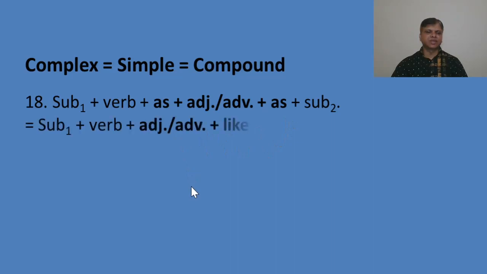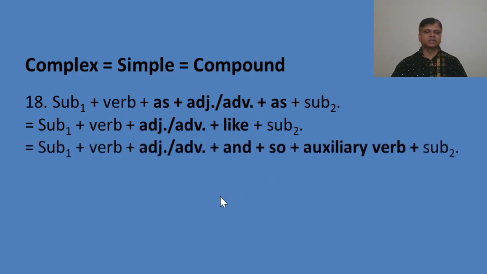So if you want to make it a simple sentence, just follow the structure. You have to use subject one, verb, that is, the main clause, the independent clause first, then adjective or adverb, then like, then subject two.